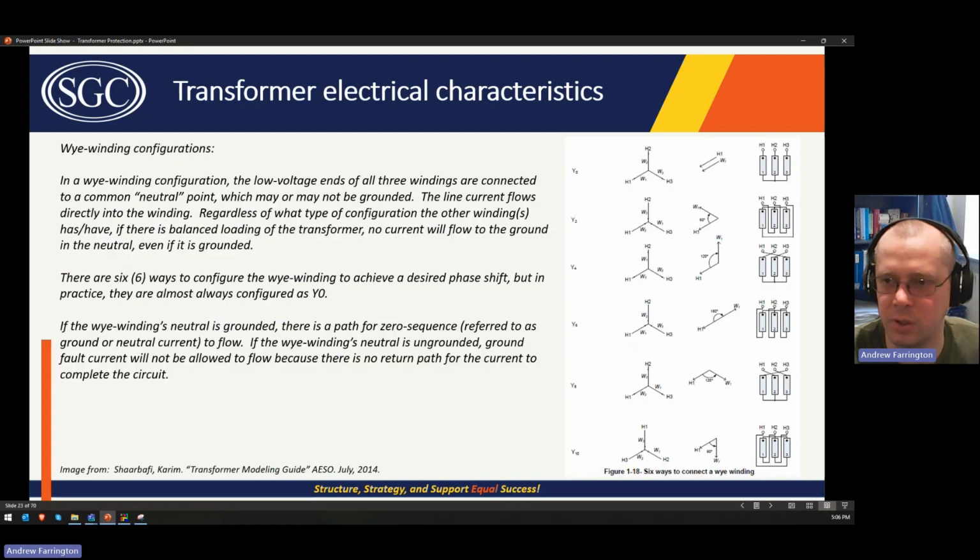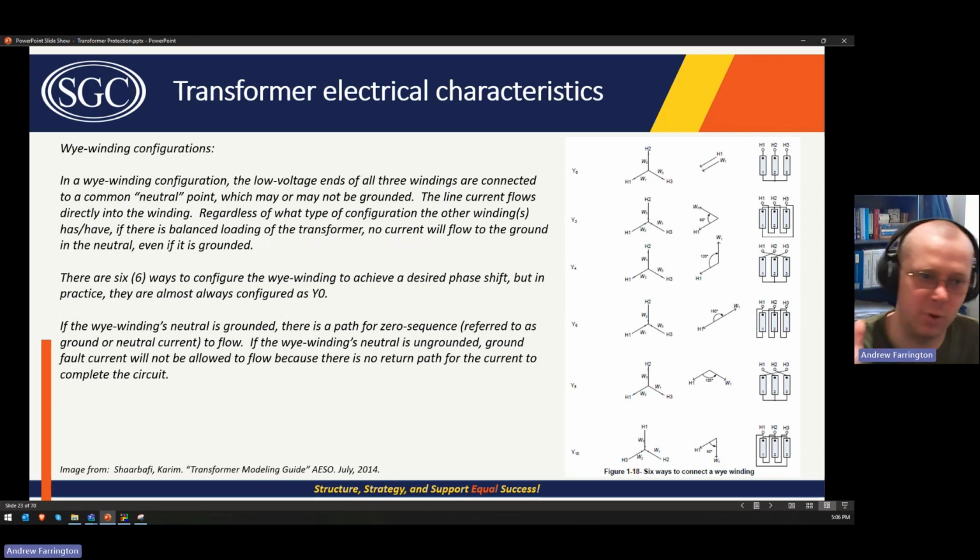This is the part that I think is going to be review for hopefully all of you. So we're going to spin through this quickly. These are the different winding configurations. The reason that we have the 12 positions on the clock for the DY1, DY11 vector diagrams is obviously the clock is 360 degrees, divided by 12 is 30 degrees per o'clock.